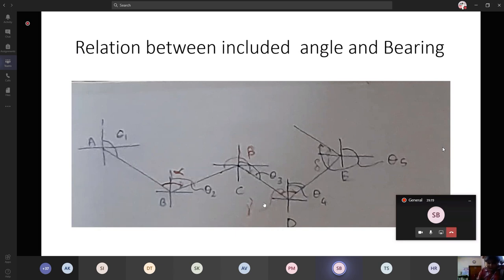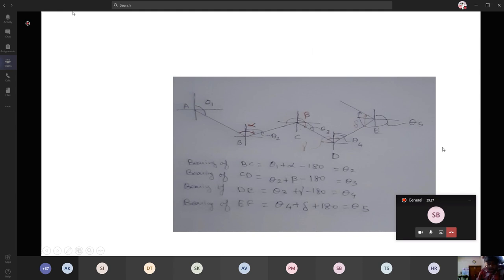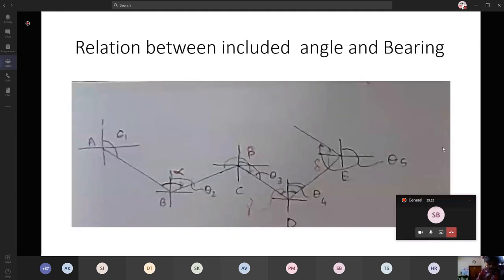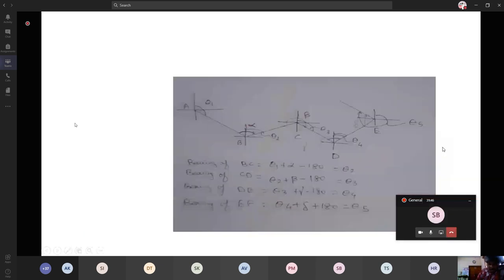What is this angle? The alternate angle down below, no? The next slide shows you the solution. Angle ABC is alpha. Suppose I put this point, the alternate angle.